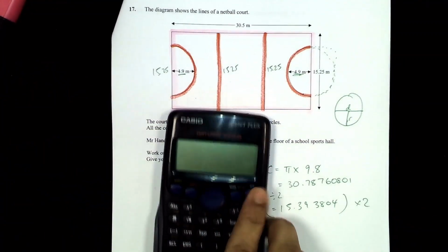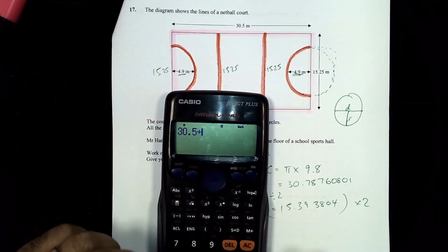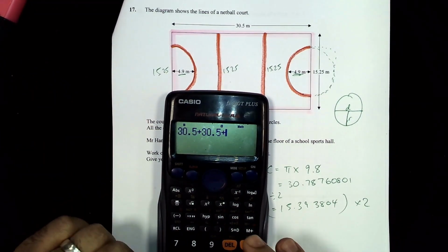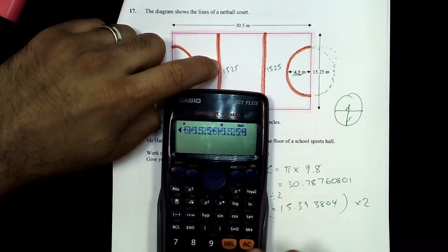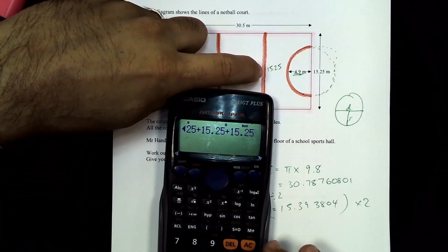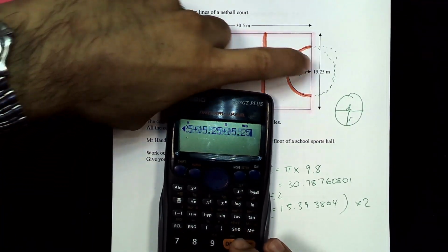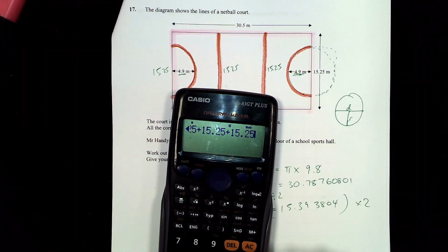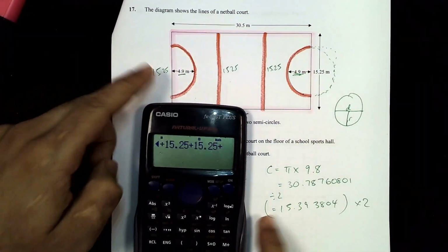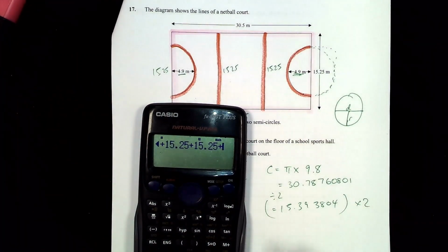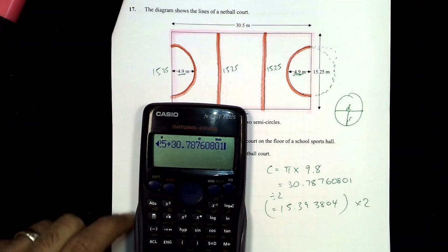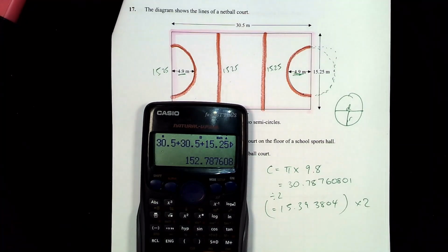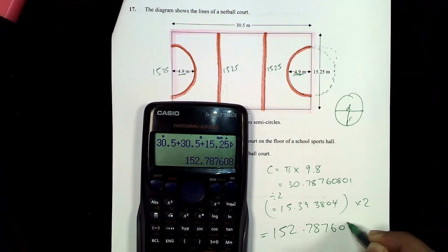So I've got 30.5 plus 30.5 plus 15.25 plus 15.25 plus 15.25 plus 15.25. That's all of those, plus the semicircles, which, as I say, I'm just going to use that one number, 30.78760801. Final answer for me then, 152.787608.